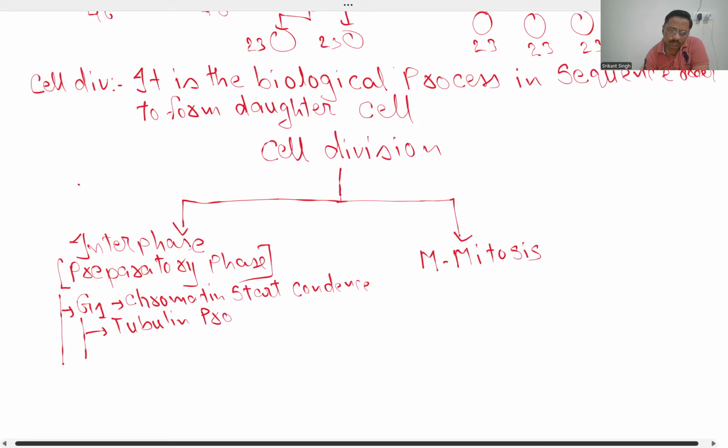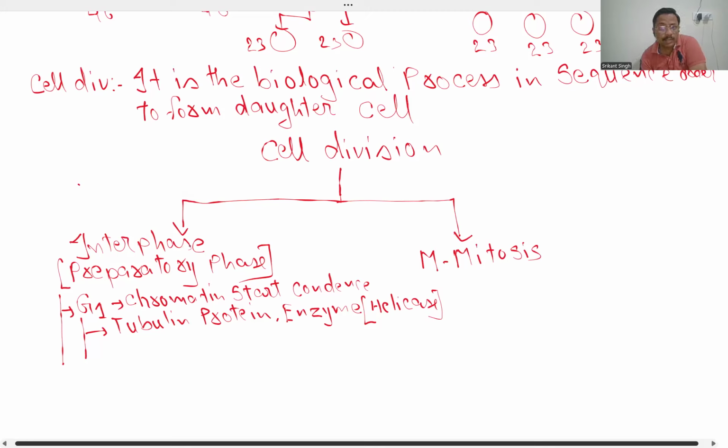Enzymes for replication, like helicase enzyme, beta, topoisomerase enzyme, primase enzyme, whatever the enzymes and proteins required for the cell division, histone protein, all things are going to be manufactured in the G1 phase only.